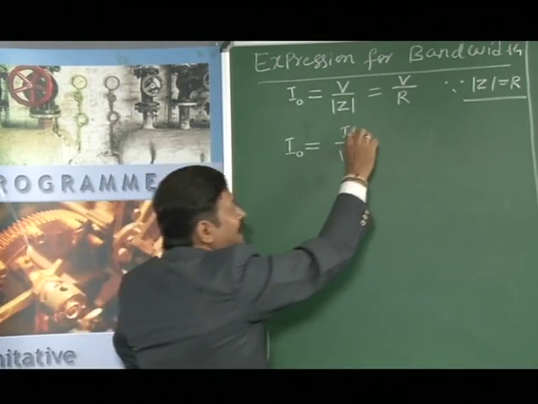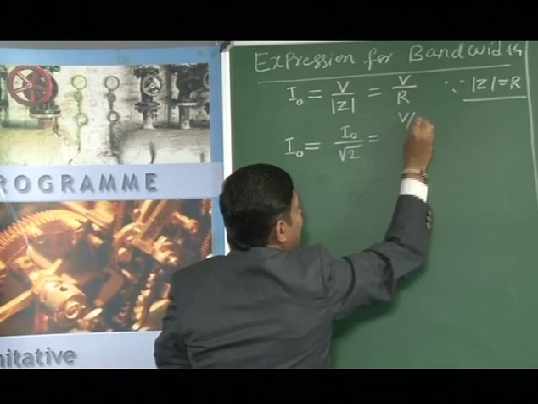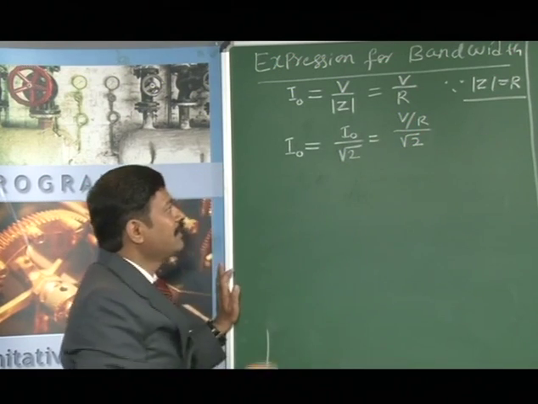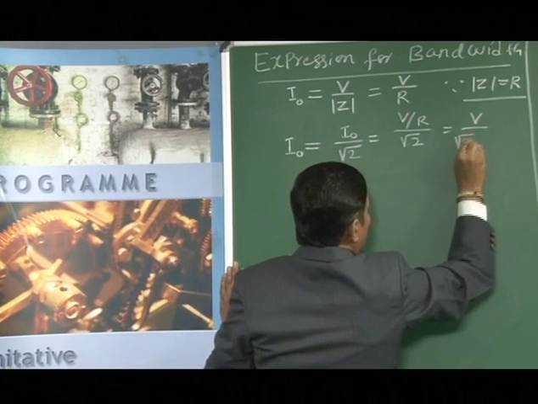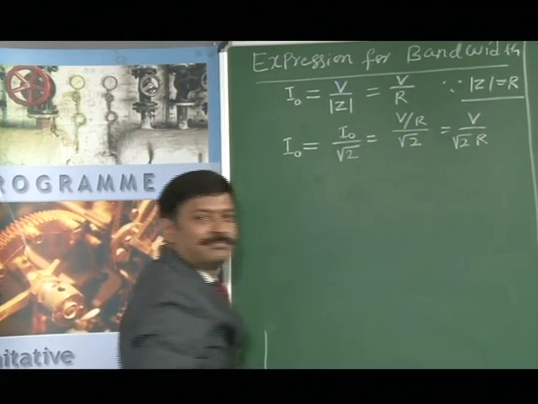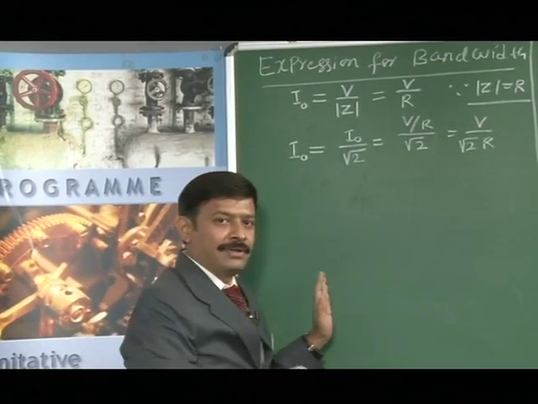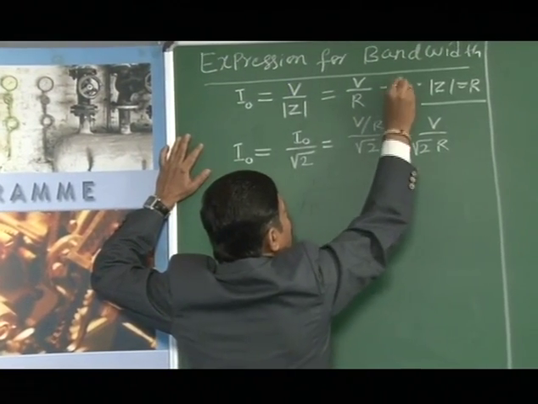So in place of I naught, I will substitute this V by R over root 2. This is equal to V by root 2 times R. Now, you call this equation number 1.